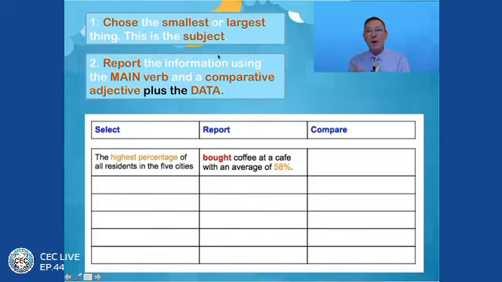Step 1, select the largest or the smallest thing. Step 2, focus on the verb and report what happened. What did they do? They bought coffee at a cafe.